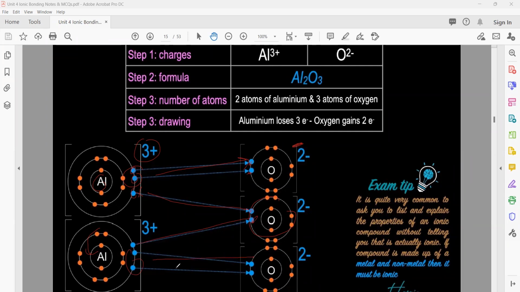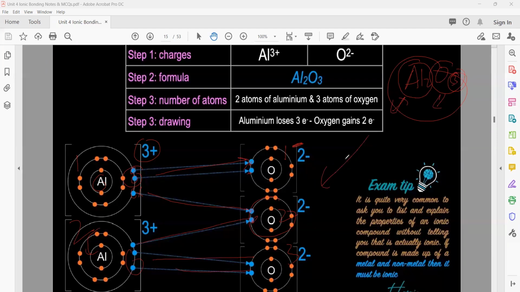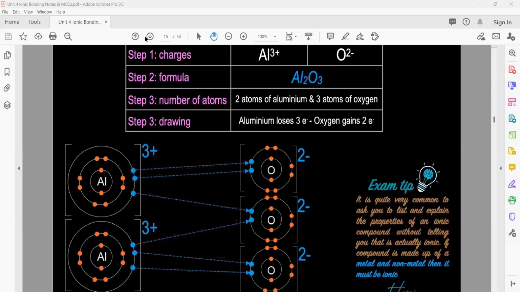Then these 2 will go to another oxygen. So when you write the formula Al2O3, it means aluminium, how many atoms are involved in this bonding? 2. And oxygen, how many are involved? 3. So from the formula, you will know how many atoms of each element are involved in this bonding. So this is how you do ionic bonding.